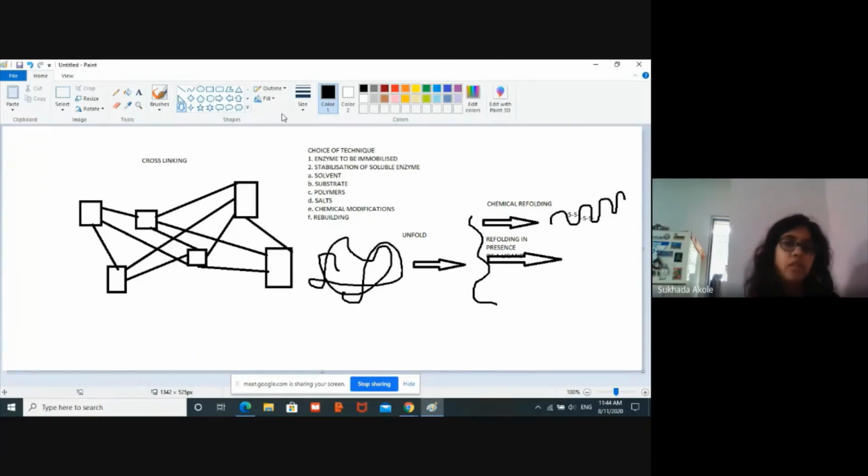What I am doing here is, instead of an open molecule like this, I am trying to close it in a particular way using a single molecule, or a single ligand.